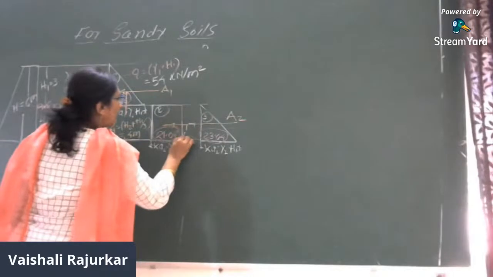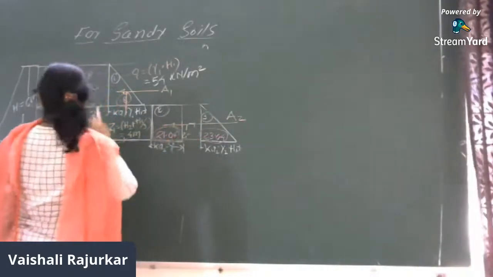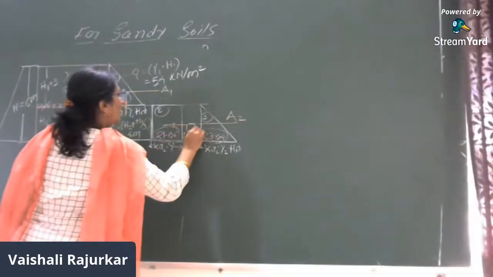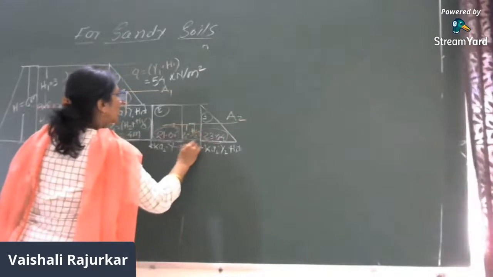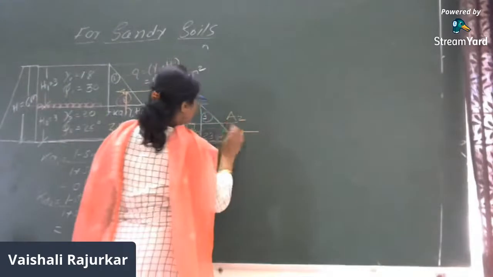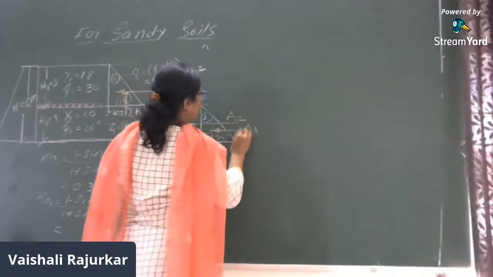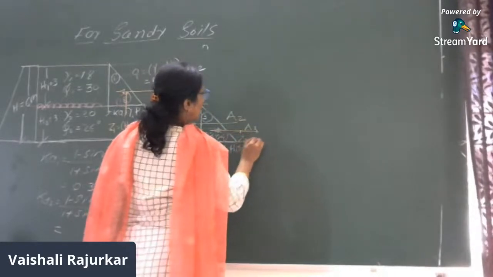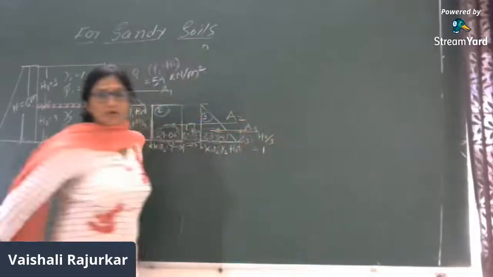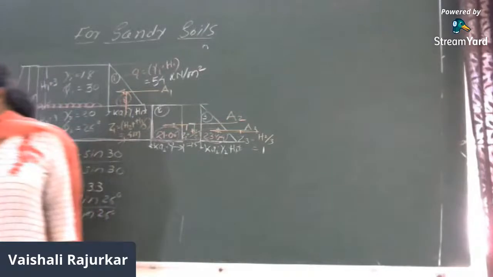It will act at Z2, which is H2 by 2, and here it is 1.5 meters. Then the third acts at a one-third distance from the bottom, so Z3 is H2 by 3, and it is found to be 1. So these are the three pressure distribution diagrams that we have obtained.